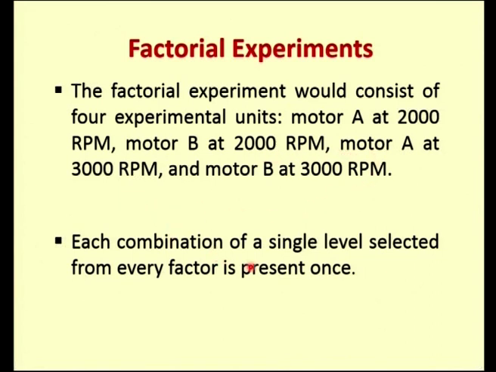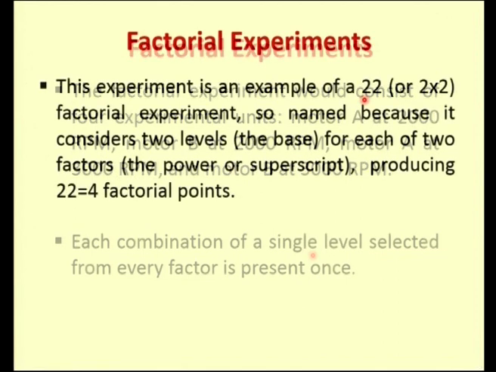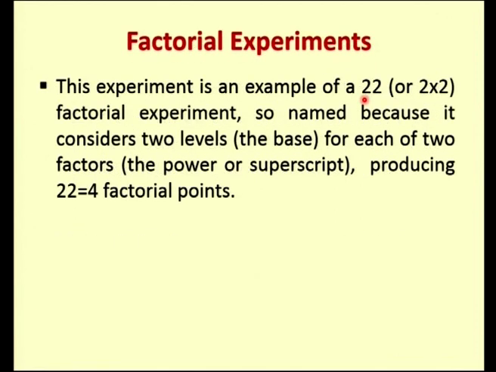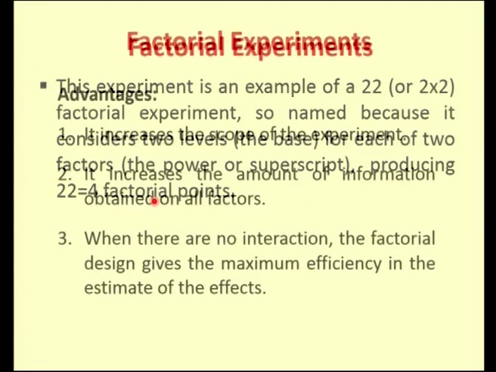So, each combination of a single level selected from every factor is present once. This experiment is an example of 2 power 2, that is a 2 cross 2 factorial experiment. The base denotes the levels and the superscript or power denotes the factors, producing 2 cross 2 is equal to 4 factorial points.